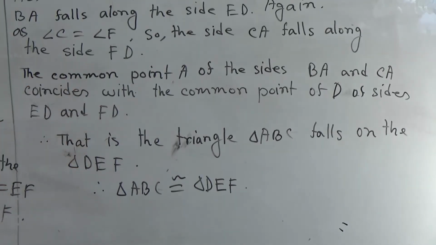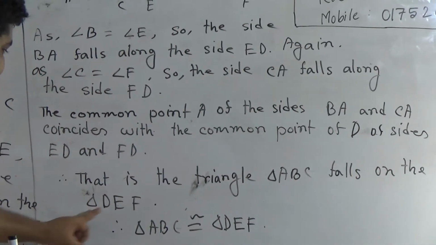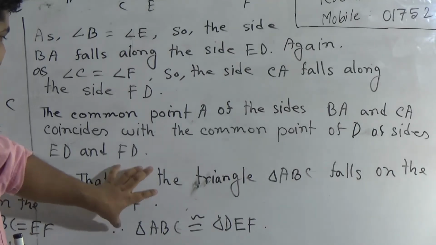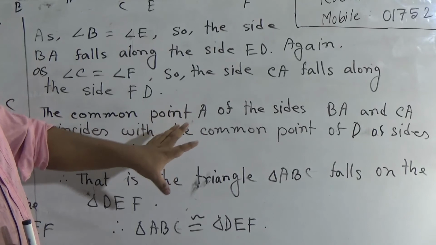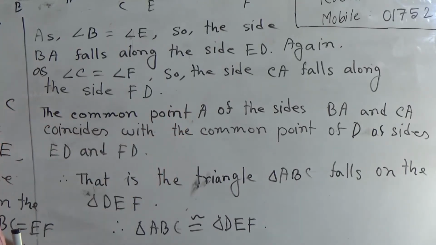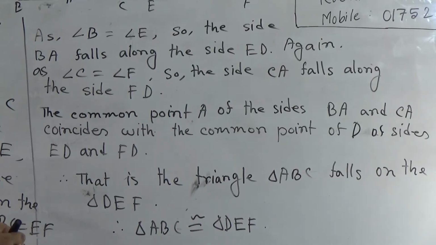So you must write this theorem from this class. Here, that is the triangle ABC falls on the triangle DEF. This line is going to be merged with this line, so it is unnecessary information. So you write just like this. So I hope you have understood.